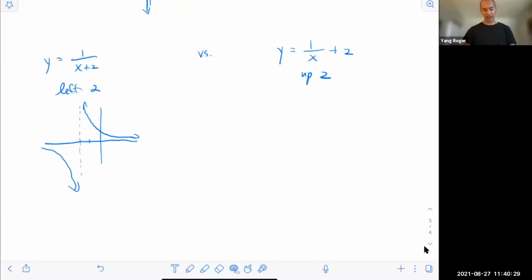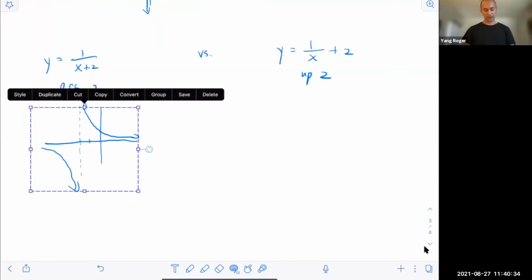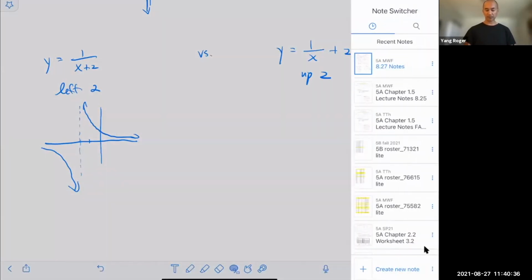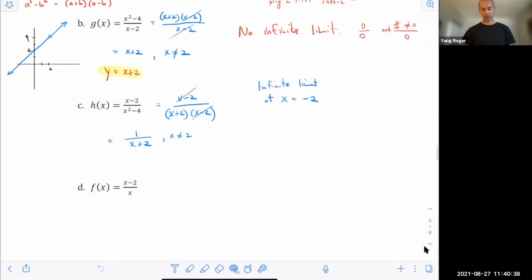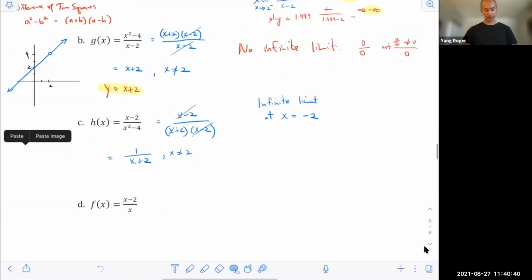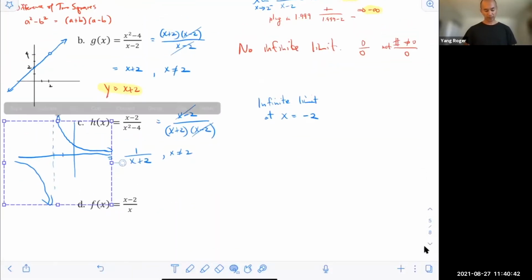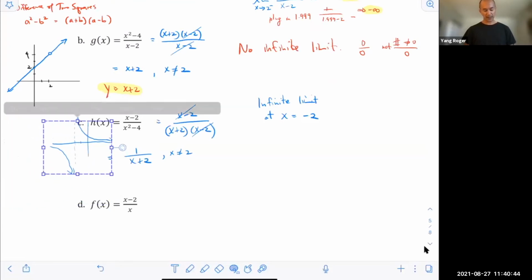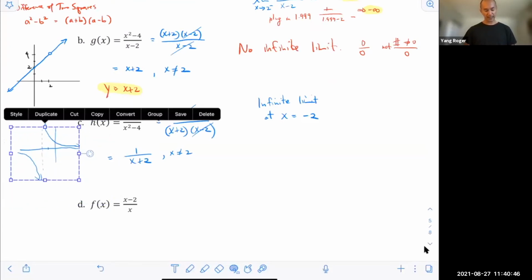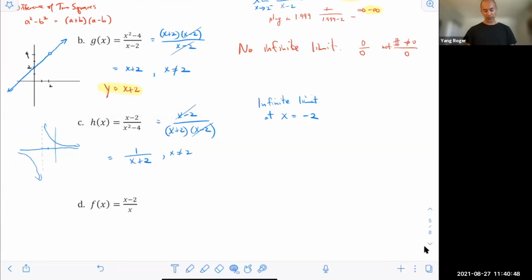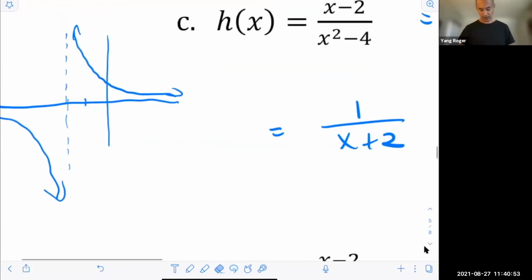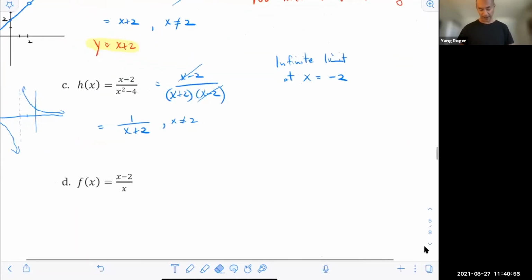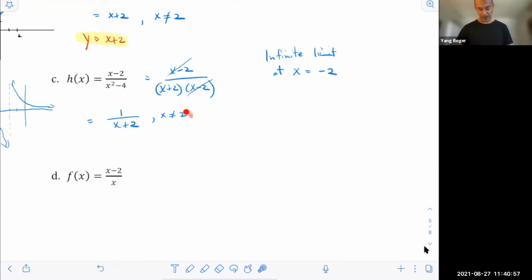So if I were to take this picture, copy it, this is the picture that we got basically. The only thing is we need to fix it a little bit because you see how we have x is not allowed to be 2 right here.